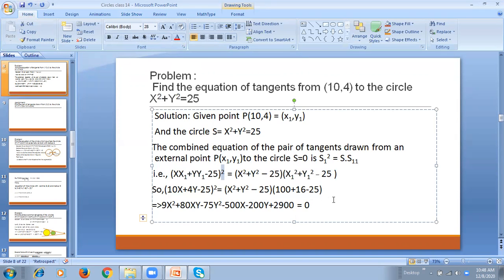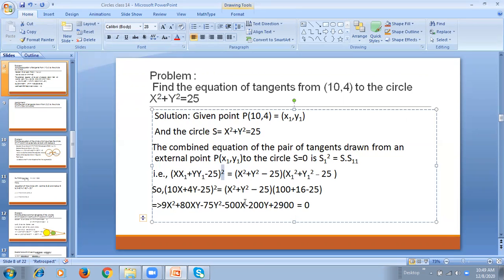So x1 plus y1 minus 25 whole square is equal to x square. We have S, which is x square plus y square minus 25, is equal to x1 square plus y1 square minus 25, that is S11. Now x1 plus y1 minus 25 at P (10, 4). Therefore, in place of x1 we will write 10 and in place of y1 let us write 4.